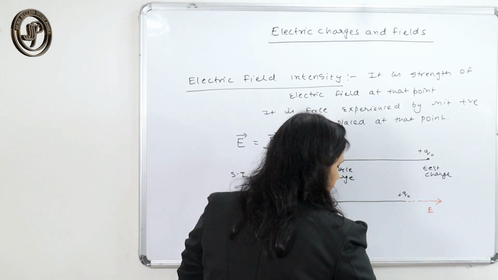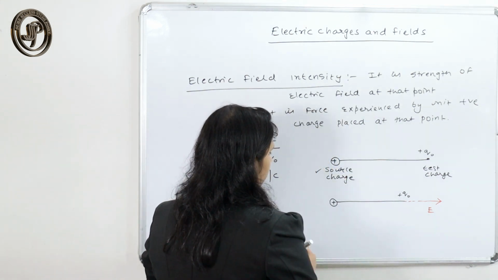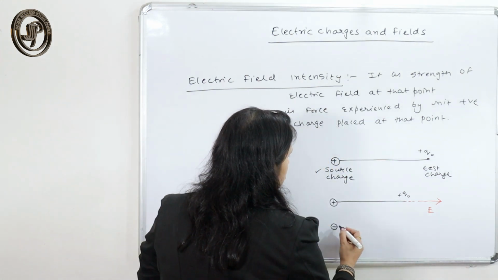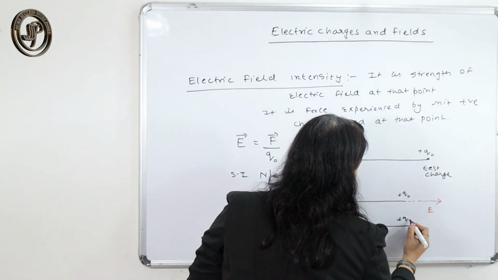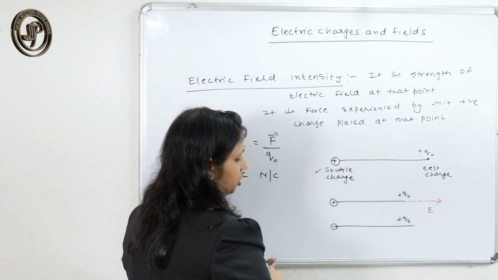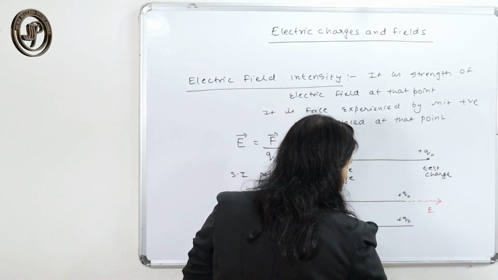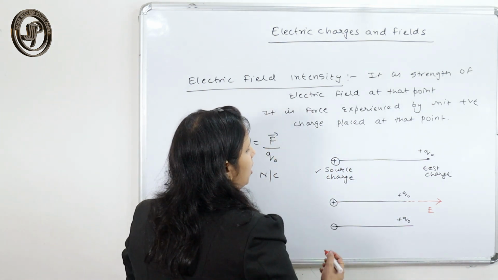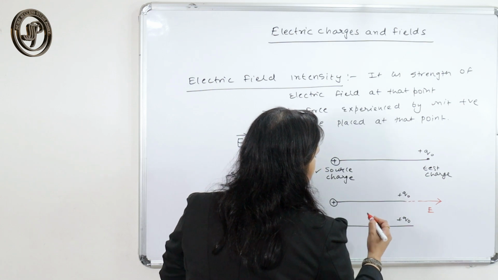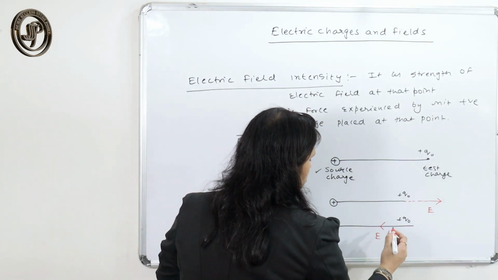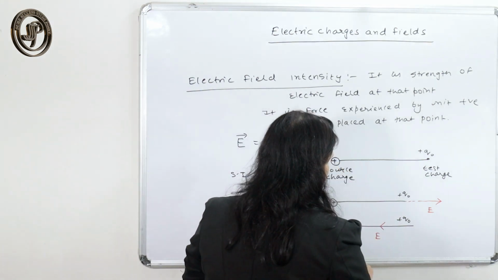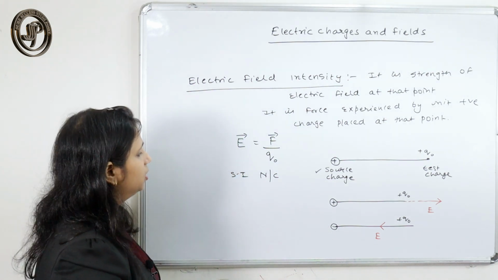But if your source charge and test charge are of opposite sign, then what would be the direction of electric field? The direction of electric field is towards the source charge. This is a very important thing that you need to memorize.